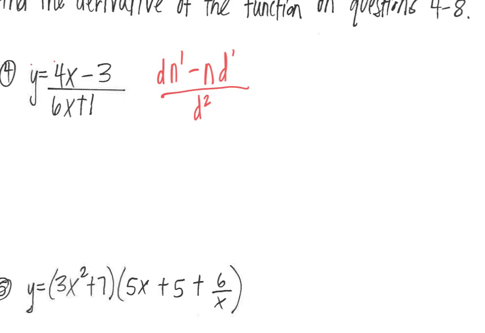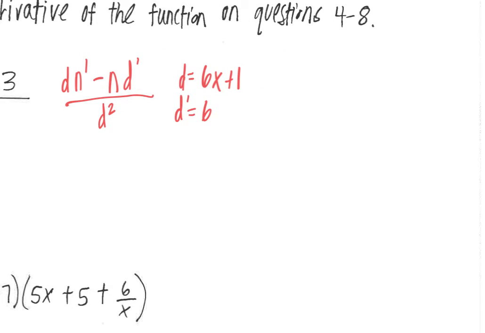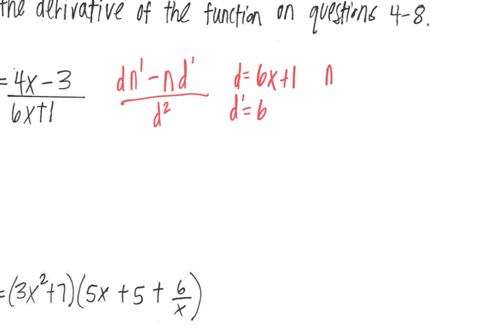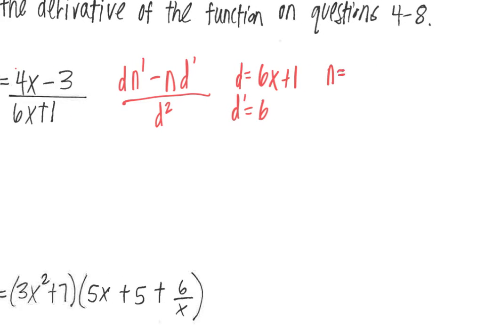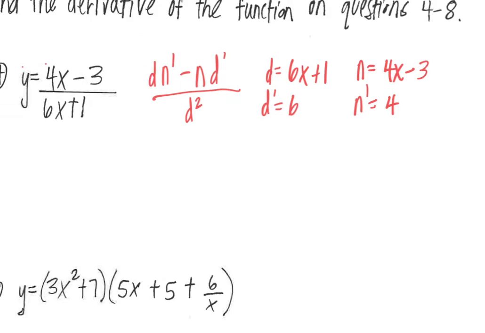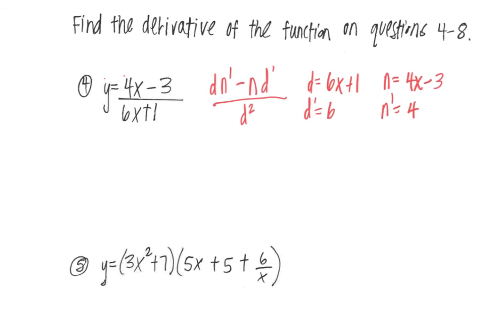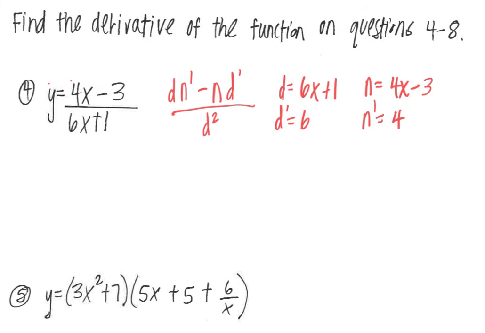Okay, so the denominator is 6x plus 1. Let's go ahead and do the derivative of that, which is 6. And the numerator is 4x minus 3. So its derivative is 4. And let's just go ahead and find the derivative.